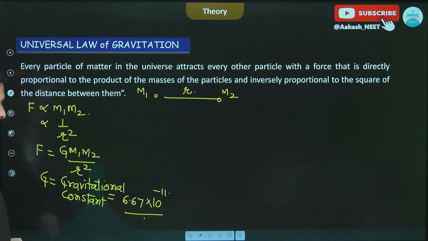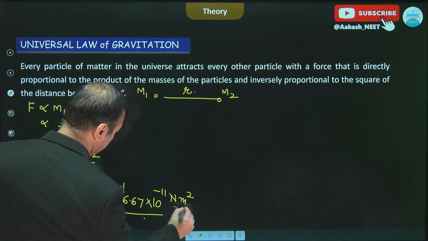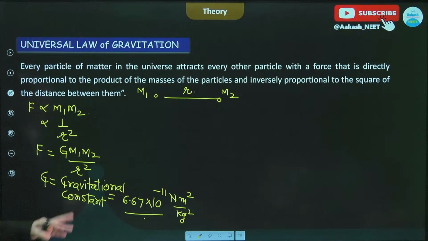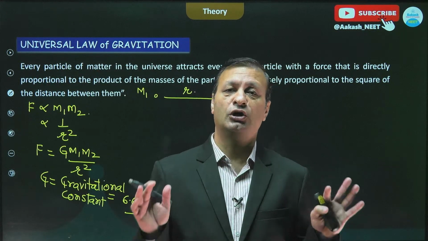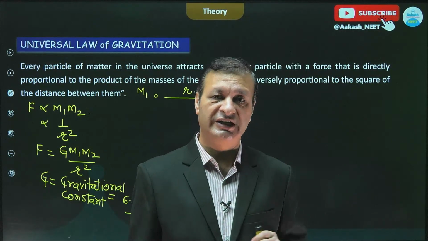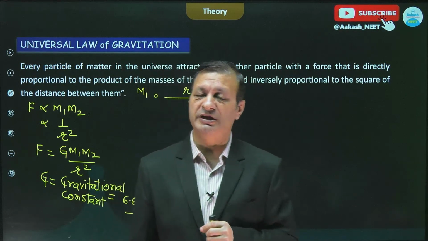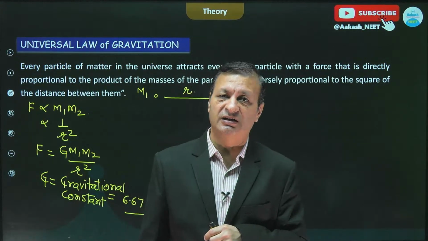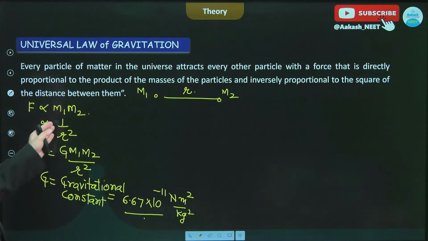And in SI system, units are Newton meter square by kg square. So this is the simplest form of Newton's law of gravitation, which states that every particle of the universe, howsoever small it may be, attracts every other particle with a force which is directly proportional to the product of the masses and inversely proportional to the square of the separation between them.